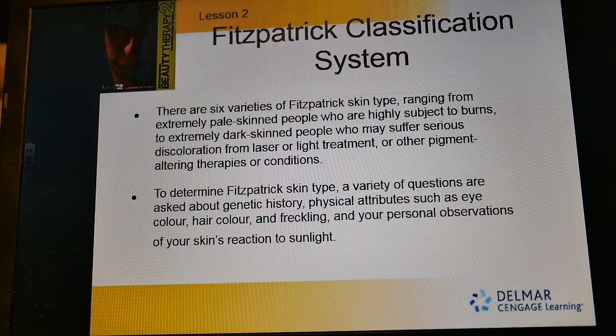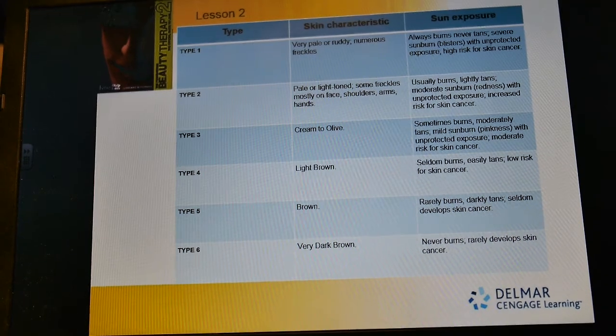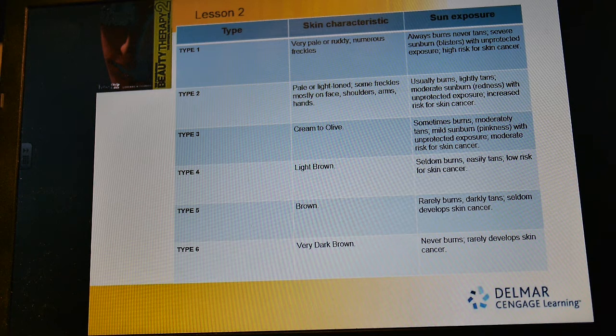Okay, so there's a bit in your work pack which you need to fill out, and there is basically this table here. I hope you can see that on here. We've got type 1, type 2, type 3, type 4, type 5 and type 6. I'm not going to go over this all now, but type 1 is your very pale or ruddy skin which has numerous freckles on it.